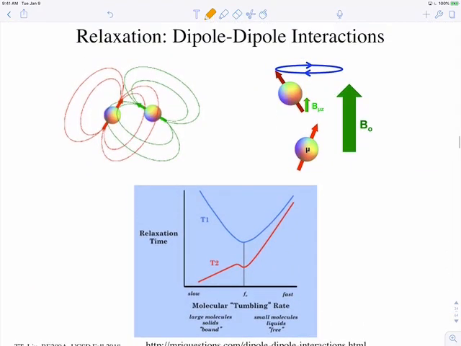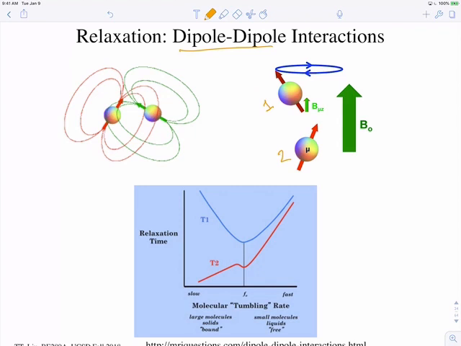The issue comes from what's called dipole-dipole interactions. Imagine you've got, say, this is dipole 1, dipole 2. These are two spins. Let's say I have a spin here, and it's precessing at the Larmor frequency. Then I have a spin here, which also has a magnetic field associated with it. So this spin feels not only the main field, but also the field from this one.